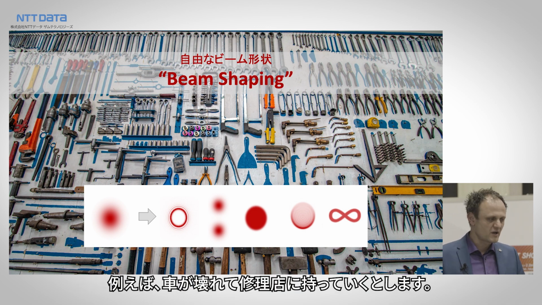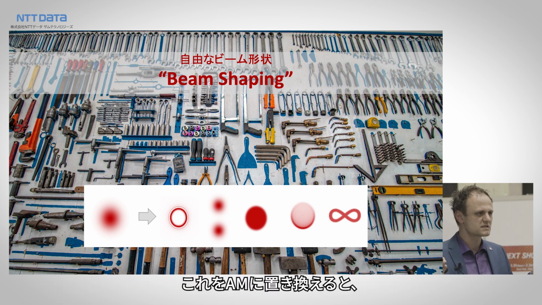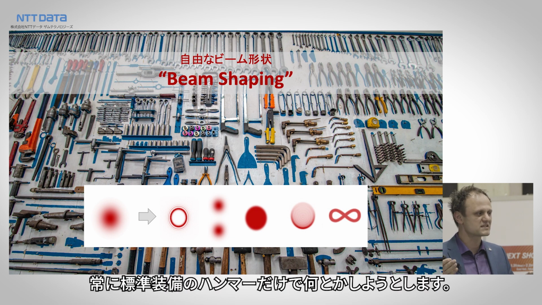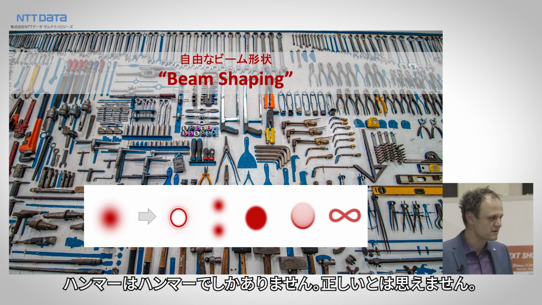If you have a car and your car breaks down and you bring it to a shop, the person that works on your car has a set of different tools that he can use in order to fix the problem on your car. In the additive manufacturing arena and world, the tool of choice is always a hammer. Whether it's a 400 watt hammer, a 1 kilowatt hammer, a 2 kilowatt hammer, a hammer stays a hammer. If you put a rubber blade around it, it doesn't matter. It's not the right tool that does the trick.